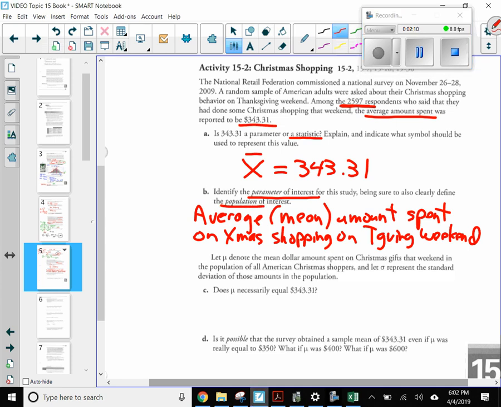When I looked at this problem, I thought the population was not just American adults in general, but the American adults that had done some Christmas shopping that weekend. The book says just American adults, but I kind of don't agree with the book. There might have been a lot of American adults that didn't do any Christmas shopping that weekend, and I doubt that their zero spent was part of this 343.31. So that's kind of my take on it.